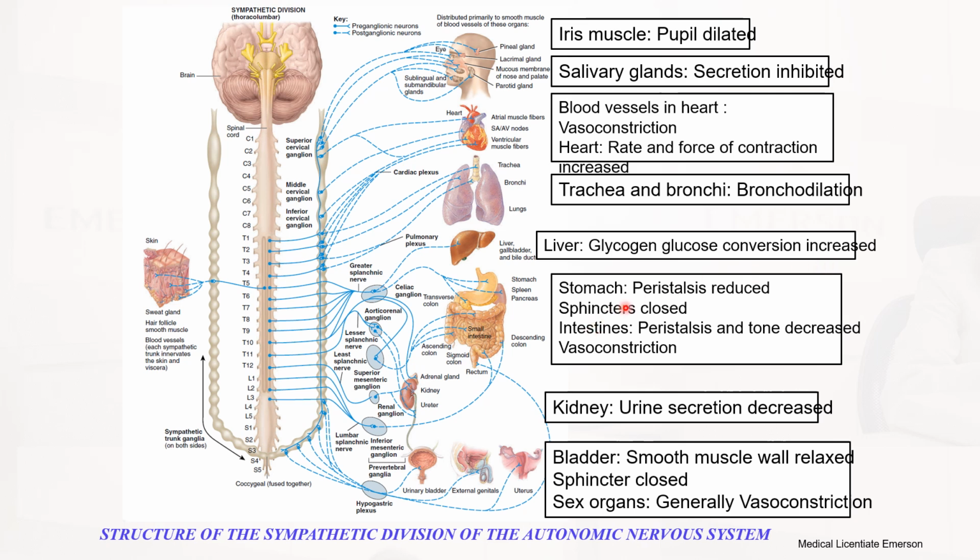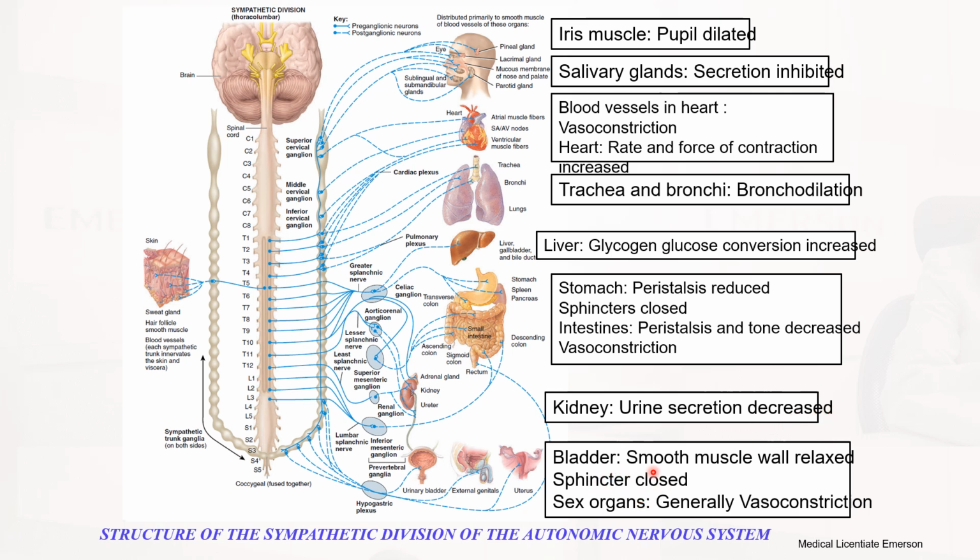Then the stomach, as we have peristalsis reduced and the sphincters closed. Then the intestines, the peristalsis and tone is decreased, and of course there's also going to be vasoconstriction. Then from the kidneys, urine secretion is going to be decreased.